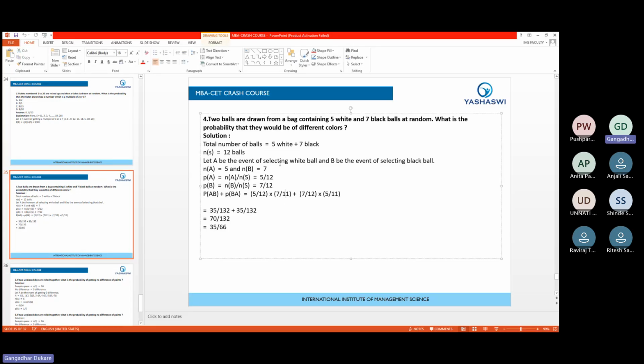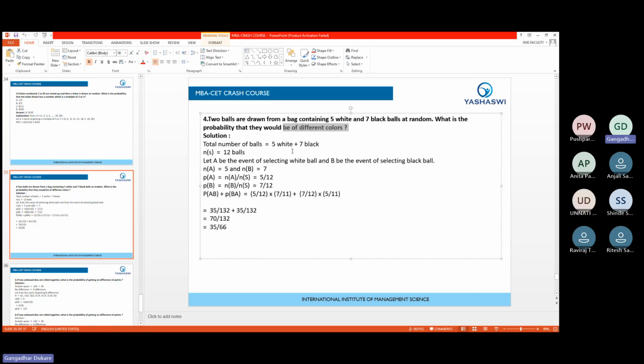The same: two balls are drawn at random from a bag containing 5 white and 7 black balls. What is the probability that they will be of different colors?